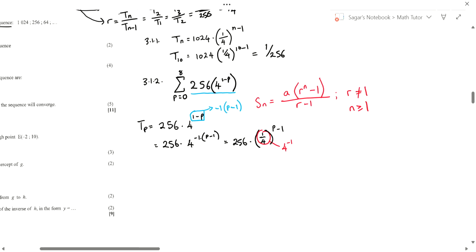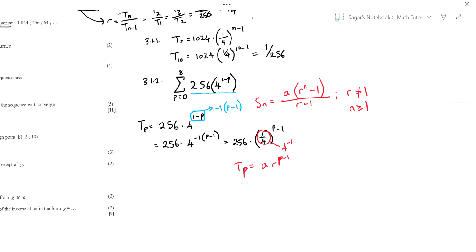But now we have it in a form that is the same as your geometric sequence. So Tn equals AR to the n minus 1. Exactly the same. The only thing is they want to be fancy and use P instead. I don't know why. I think they want to catch you out. That's why.